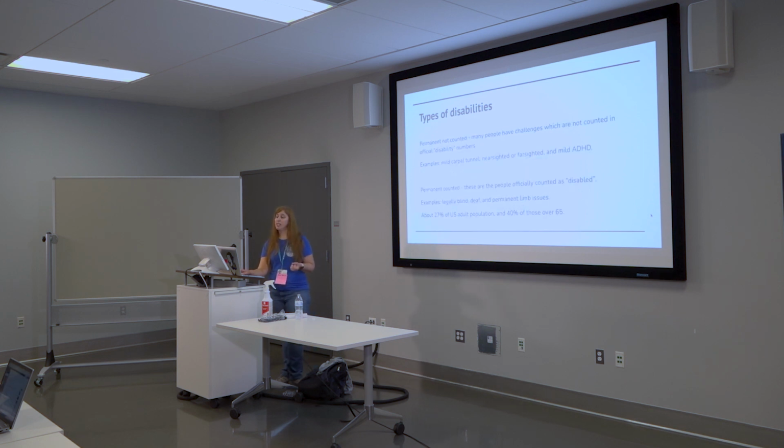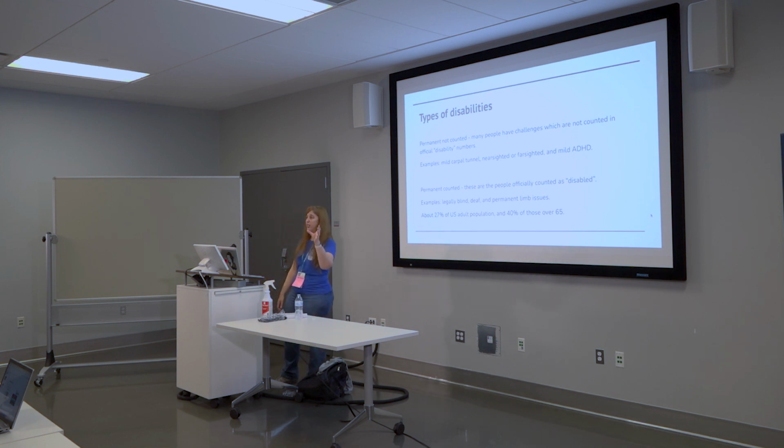The next type of disability are permanent disabilities, and these count as both not counted and counted. So there's about 27% of the adult US population and about 40% of those over 65 who have a permanent counted disability. There's also a bunch of people with a not counted disability.